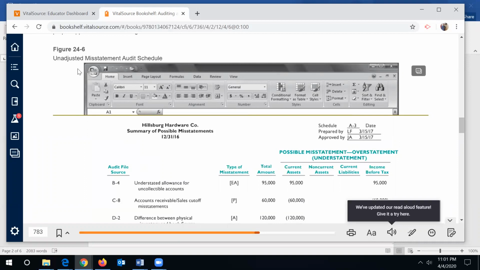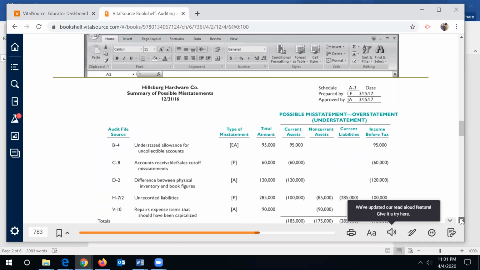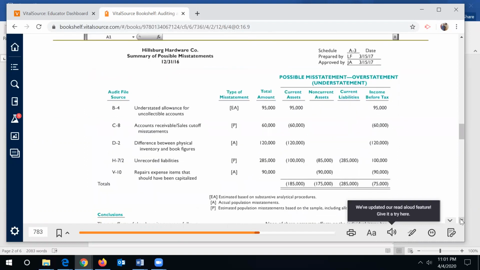It is called unadjusted misstatement audit schedule. It comes from PPC software, I can tell. And up here we see it's Windows-based. And then down here, we would fill in the template the PPC would have for us, where we list the audit adjustments that we found and some information about them.